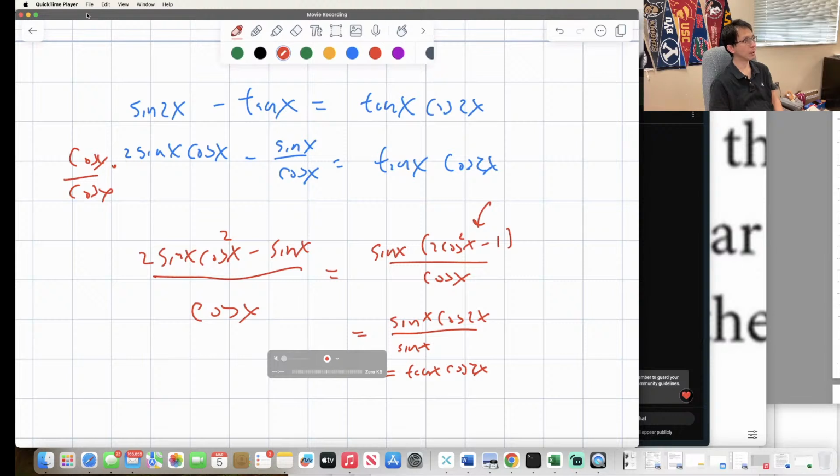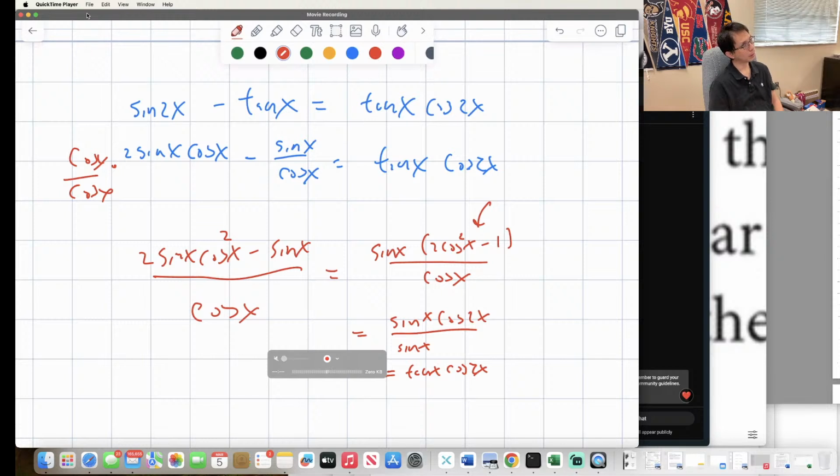You don't see it? One of the double identities is for the cosine. You got cosine square minus sine square x, or you got 2 cosine square, or you got 1 minus 2 sine.